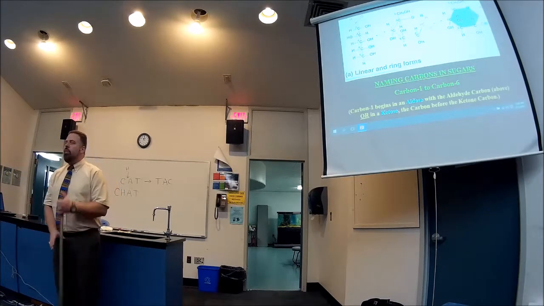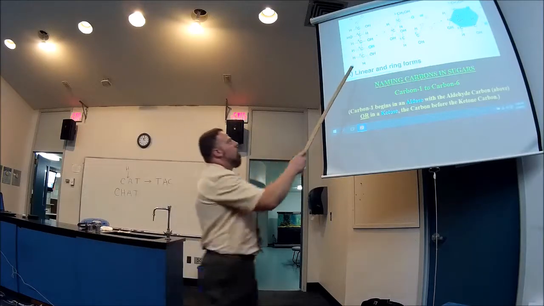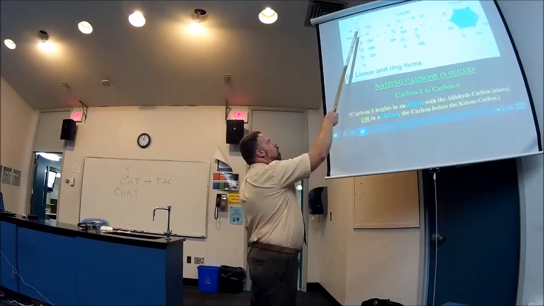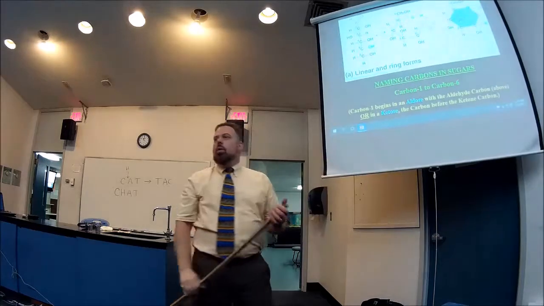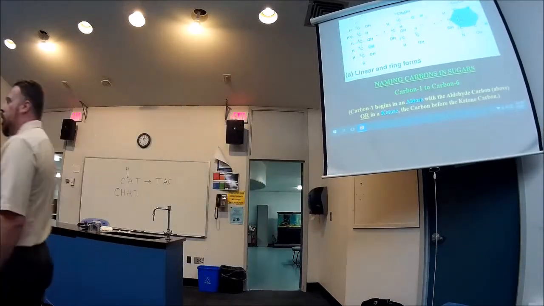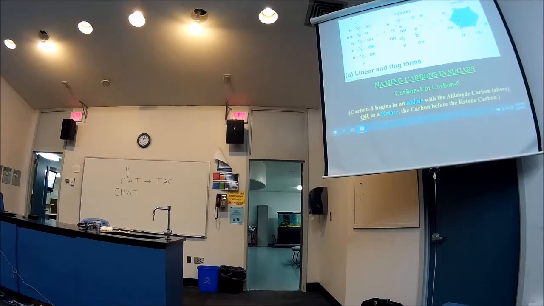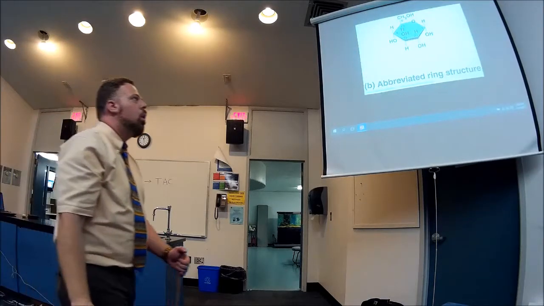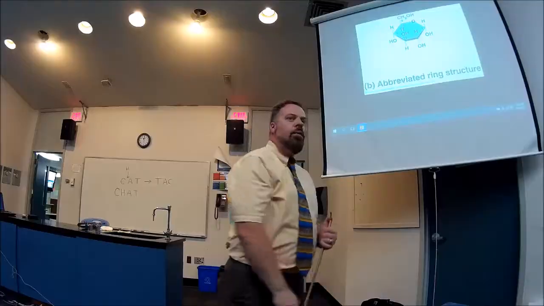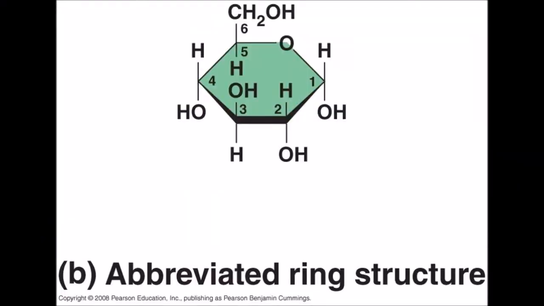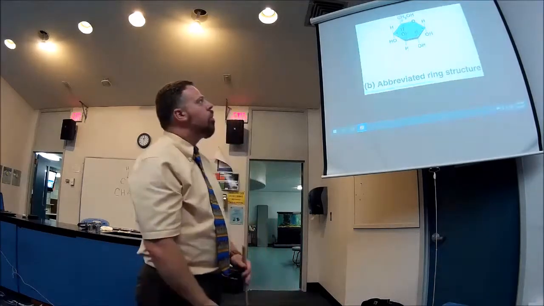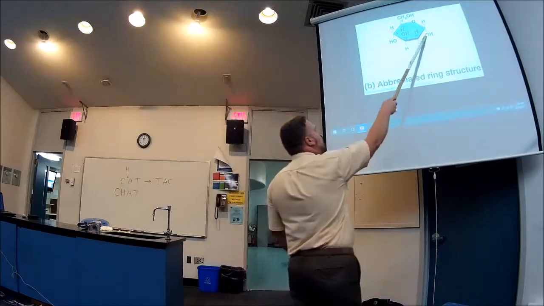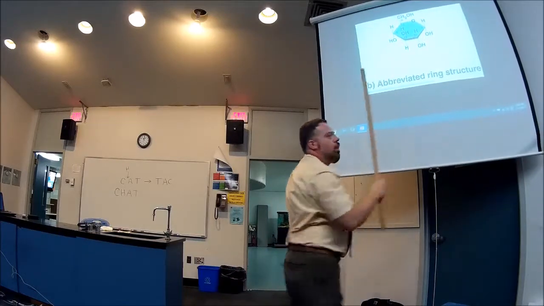When I say 5' or 3', we're talking about carbon number 5 for 5' or carbon number 3 for 3'. So when we get there, it'll make sense to you. So we could abbreviate it like that. Okay? So it's really a ring, and I usually see there's like a little flag that goes up there.